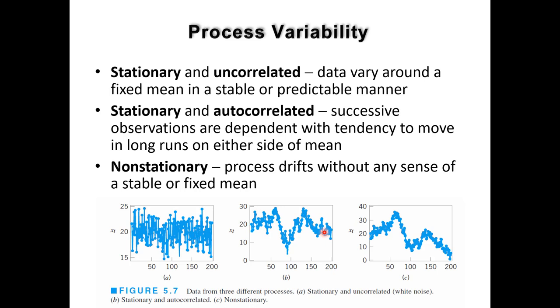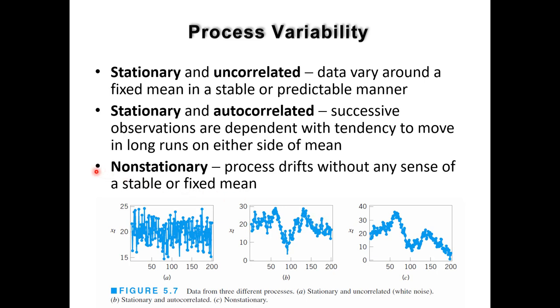If you have a problem of autocorrelation, the answer would be to use a time-weighted control chart, which is called the exponentially weighted moving average control chart, EWMA. That control chart is specifically for data which has a problem of autocorrelation.